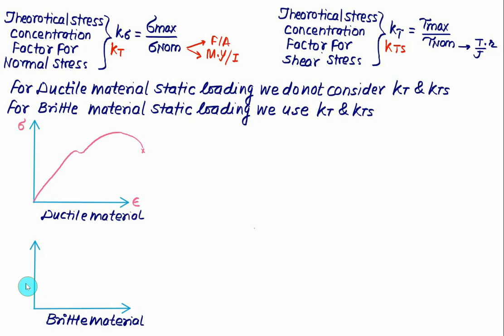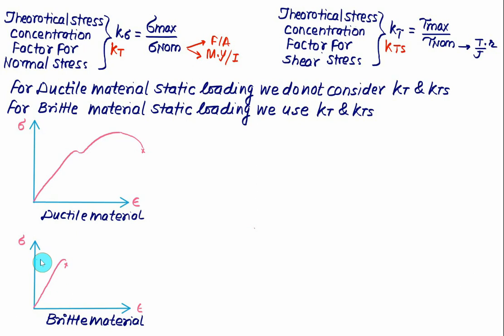Whereas in the case of brittle material, if we have a stress versus strain, the ductility part is not present, and the value of SYT is equal to SUT. So we have a failure at this point.